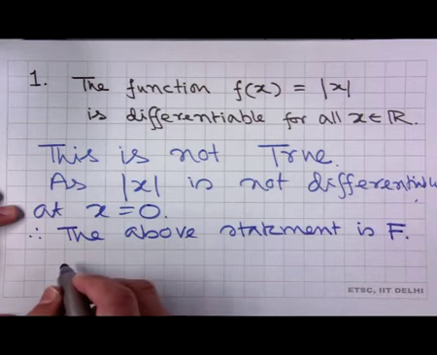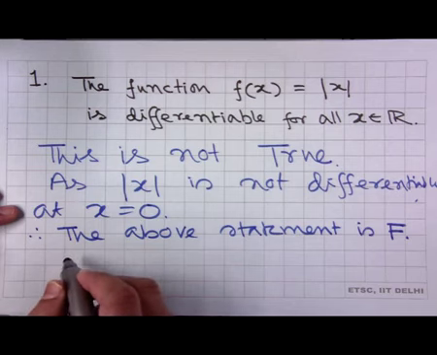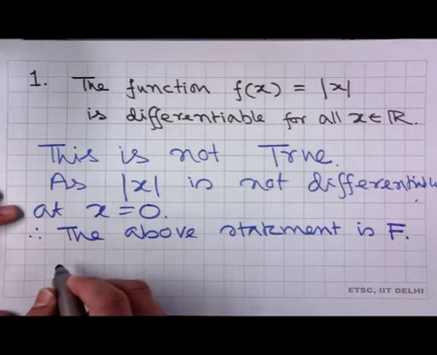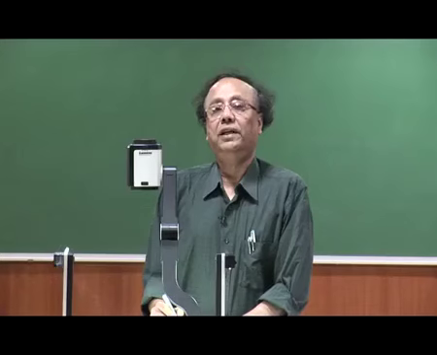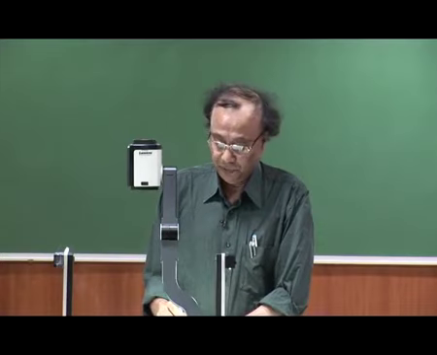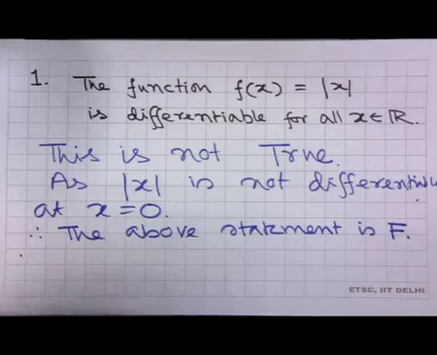Therefore, the question comes, what is going to be its negation? The negation should be true. That means that the function mod x is not differentiable for all x belonging to R. So, this is the negation.